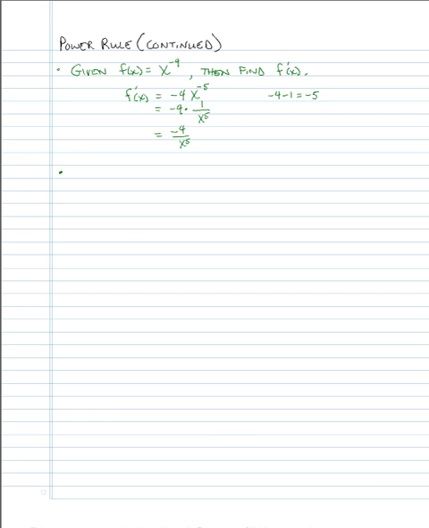Now, that kind of leads us to the next type of problem that we might encounter. And this time we're given f of x is equal to 1 over x to the third power, and we're supposed to find f prime of x. Now, a common mistake here is to apply the power rule first.